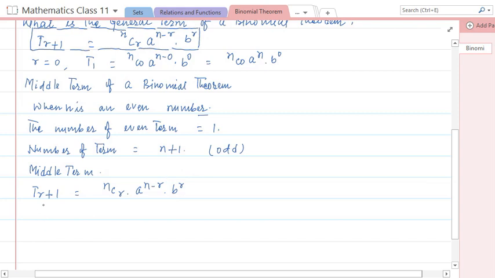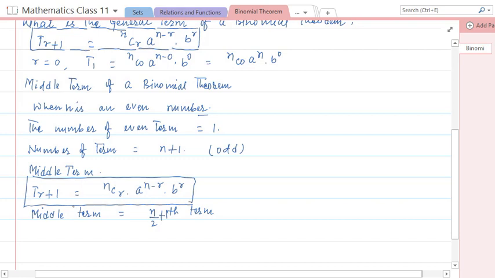So the middle term equals the n by 2 th term plus 1. Since n is even, n divided by 2 gives a whole number, and plus 1 gives the middle term. So we use the general term to find the middle term.